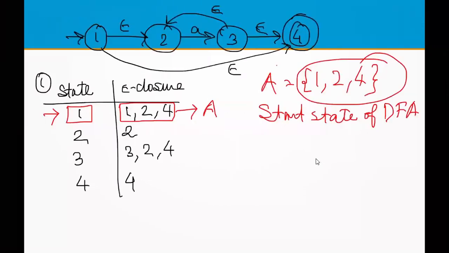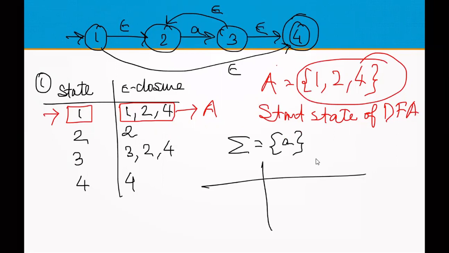So coming back here, there is only one input symbol you can see in the NFA, it is a. So our language consists of only one input symbol a. So we have to find the transition on capital A, which is the set of states 1, 2, and 4, on the input symbol a.